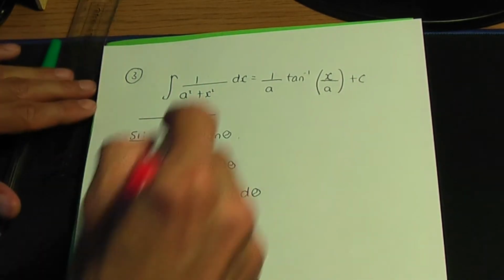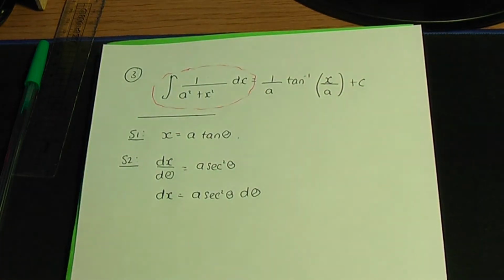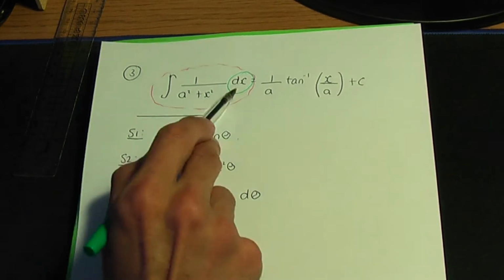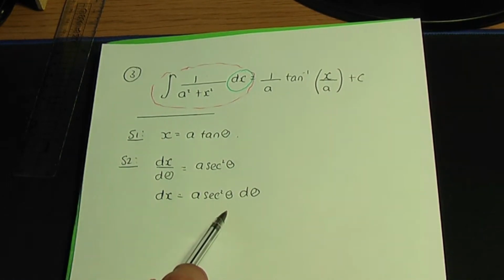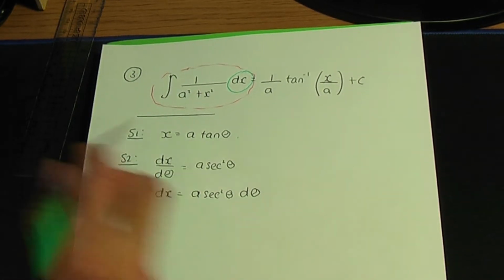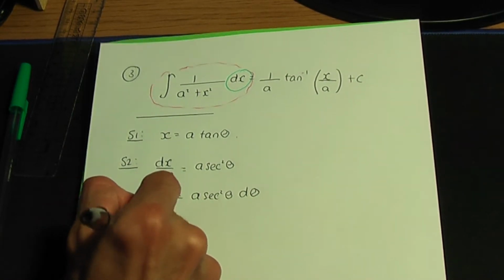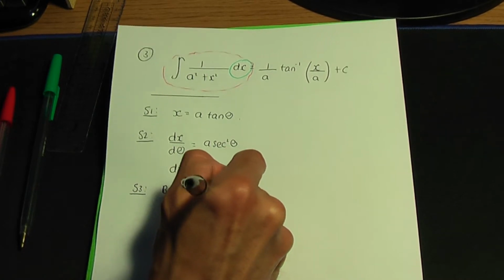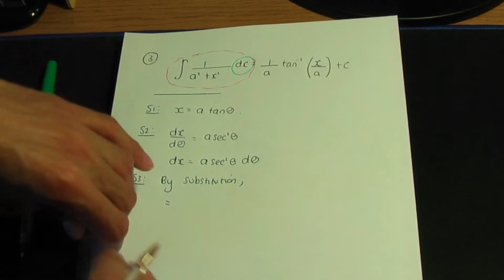So once again, if you focus on this integral on the left hand side, we can replace the dx here, highlighted in green, by a sec squared theta d theta, okay? And the x over here, will replace that by a tan theta. So that takes us to step number 3. So by substitution, let's rewrite this integral, okay?